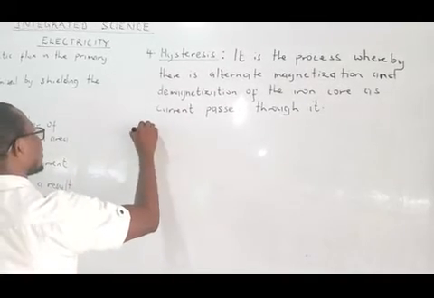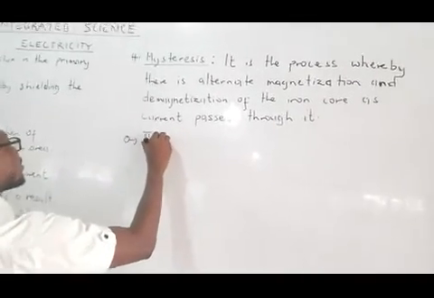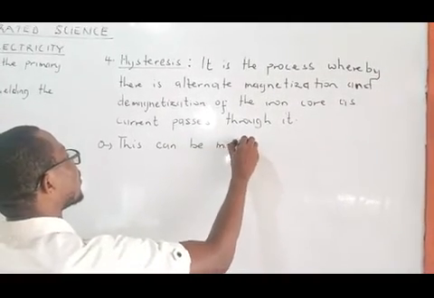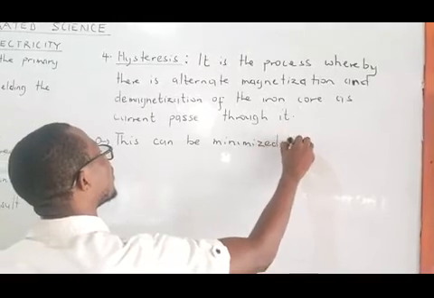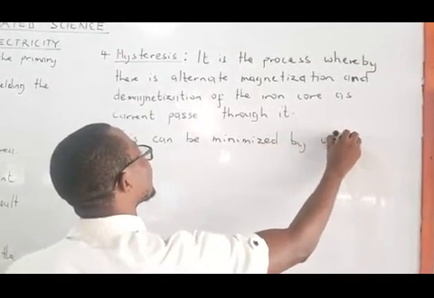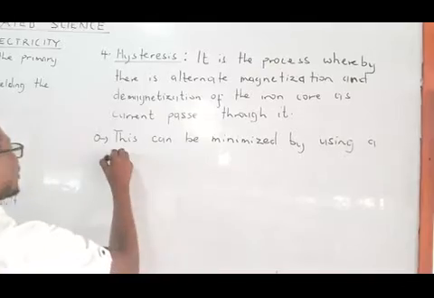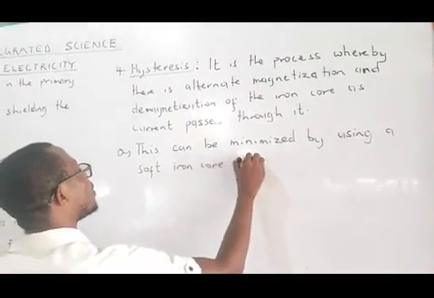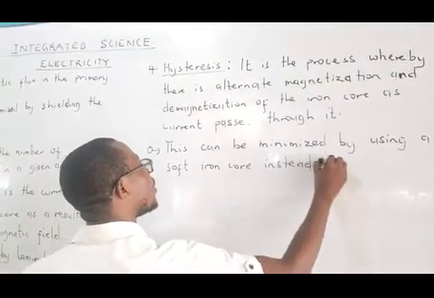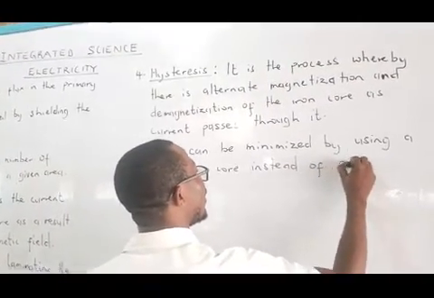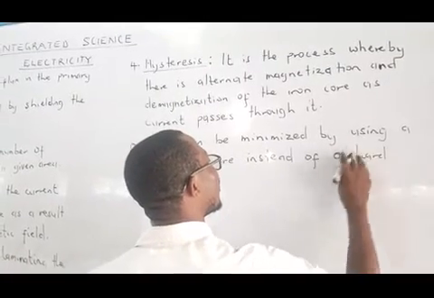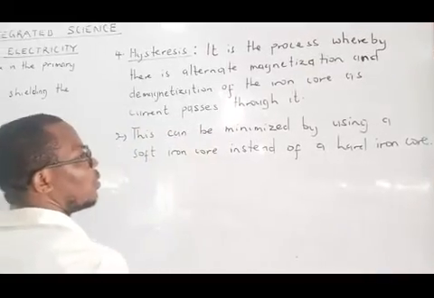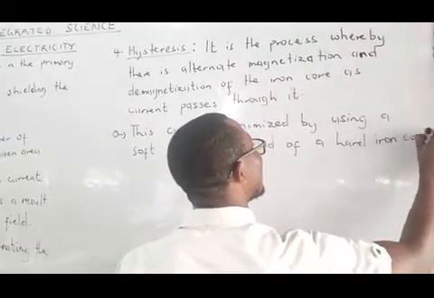How do you minimize this? This can be minimized by using a soft iron core instead of a hard iron core.